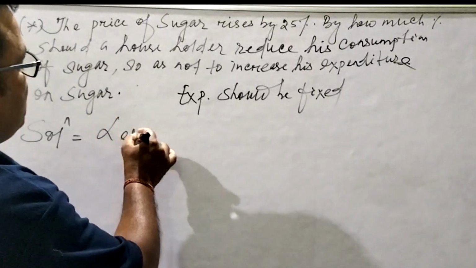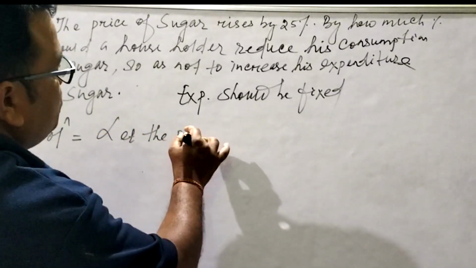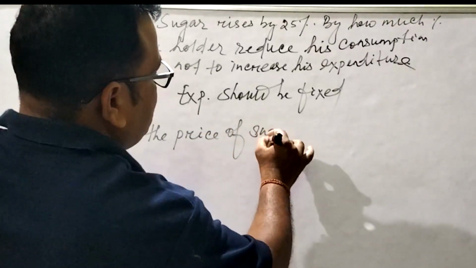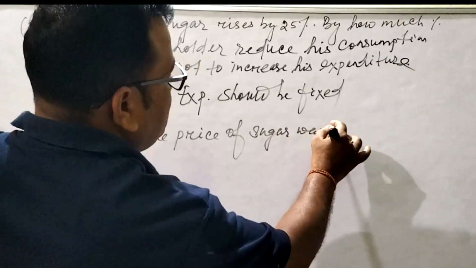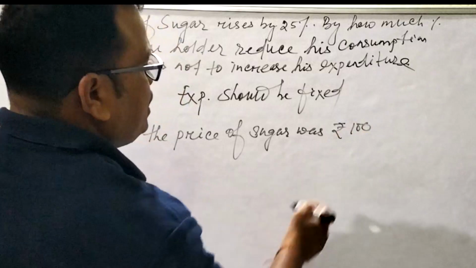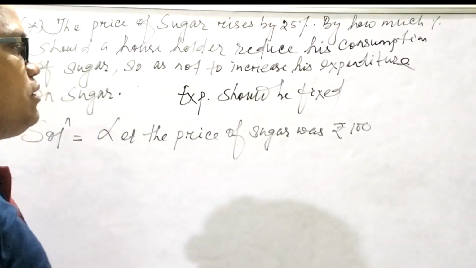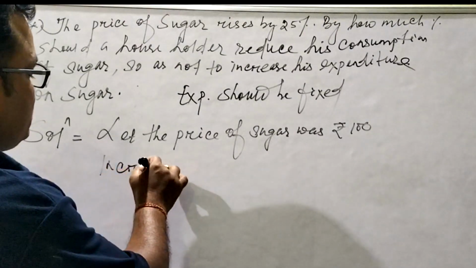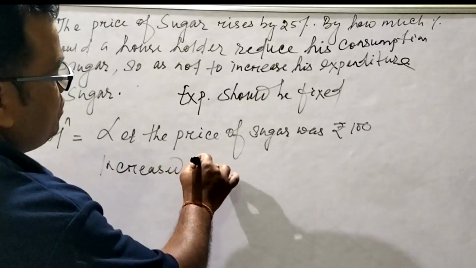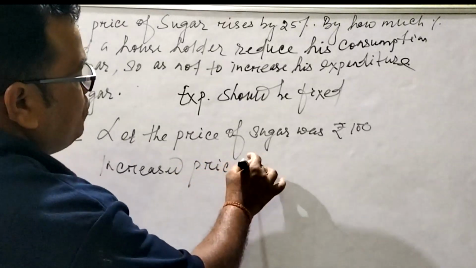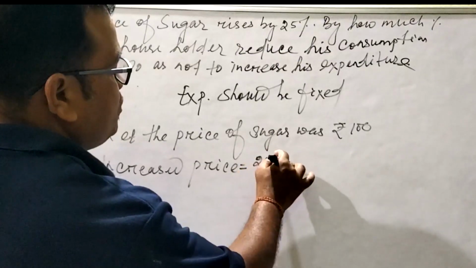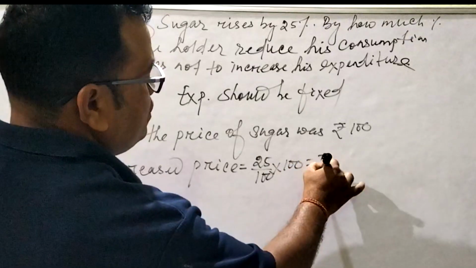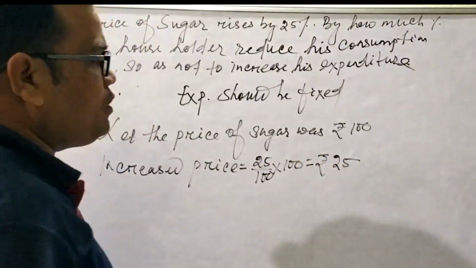Solution. Let the price of sugar was rupees 100. Now the increased price will be 25% of 100, that is rupees 25.